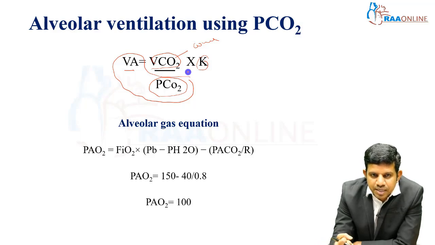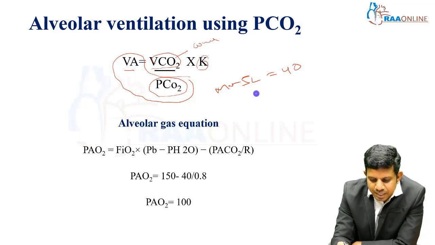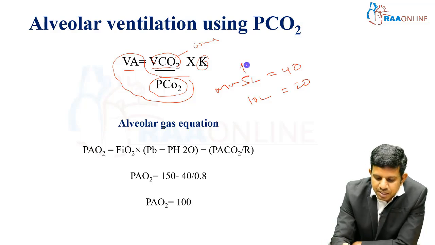For example, if the patient is taking 5 liters of minute ventilation, at that time my PCO2 was 40. If the minute ventilation increases to 10 liters, my PCO2 is going to be 20, because the alveolar ventilation determines your PCO2. If my minute ventilation decreases to 2.5, my PCO2 goes to 80.